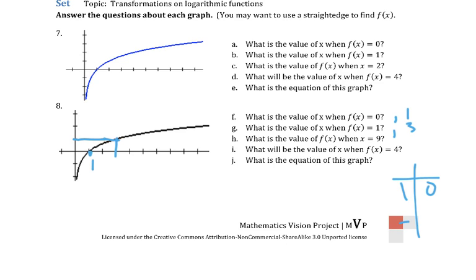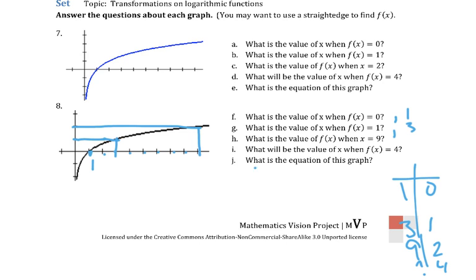So we'd have 3 and 1. What is the value of f of x when x equals 9? So if I go up here, that looks like it's 2. So at 9, it would be 2. What will the value of x be when f of x gets to 4? What would x be here?